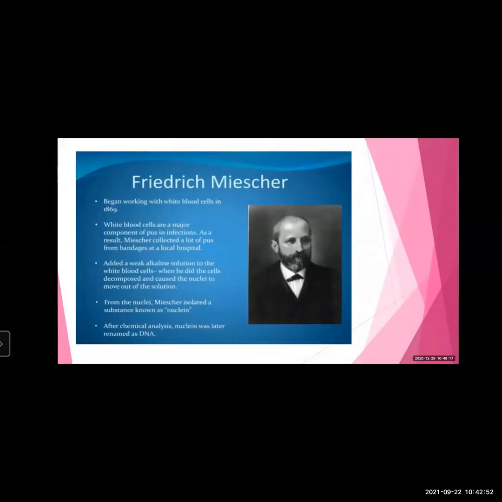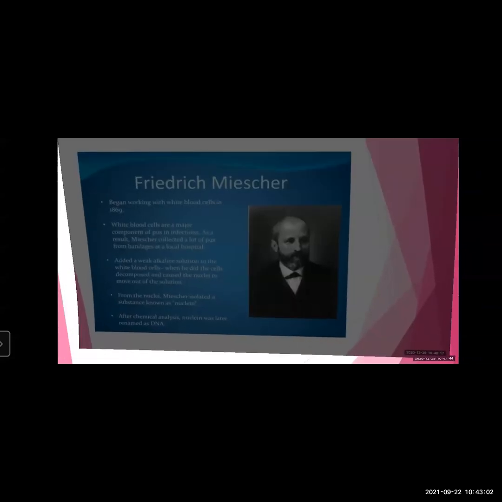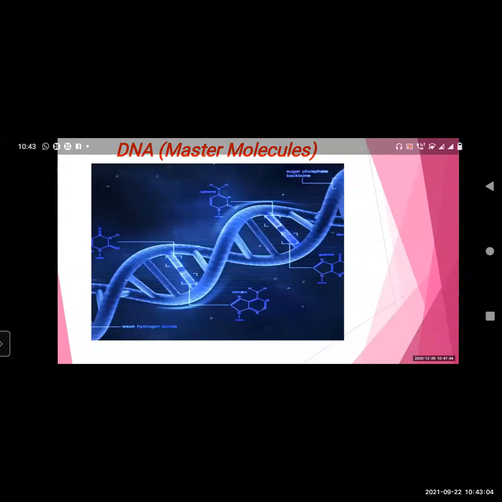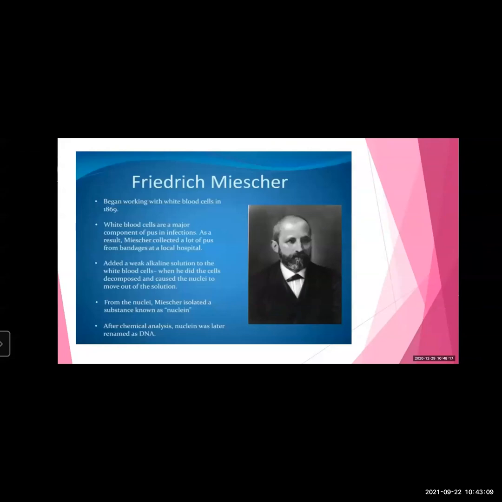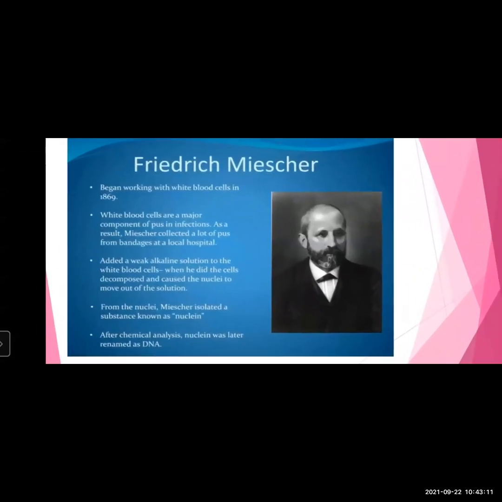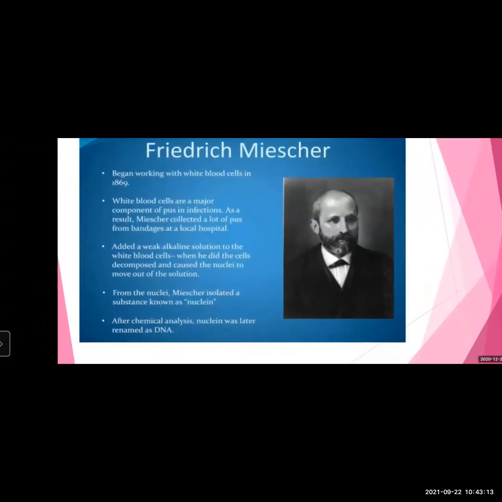So let us first see how this DNA was discovered. This DNA was discovered by the scientist called Friedrich Miescher, right? So you can see here, Friedrich Miescher began working with white blood cells in 1869.